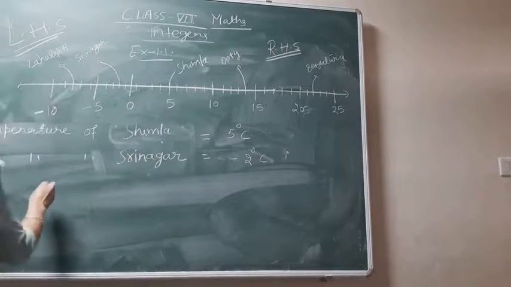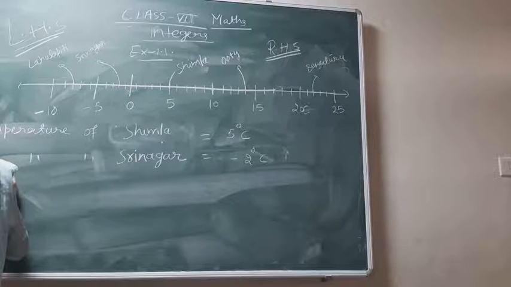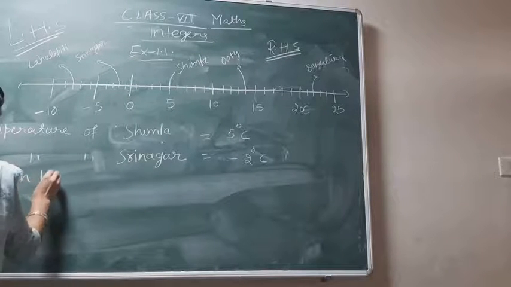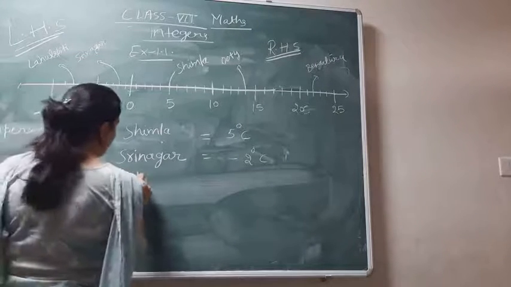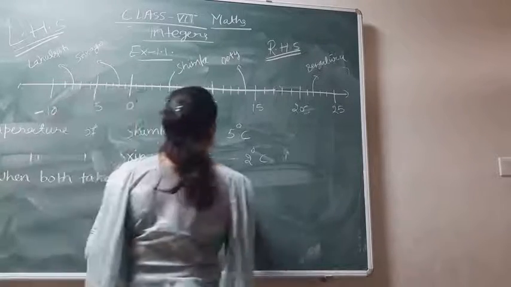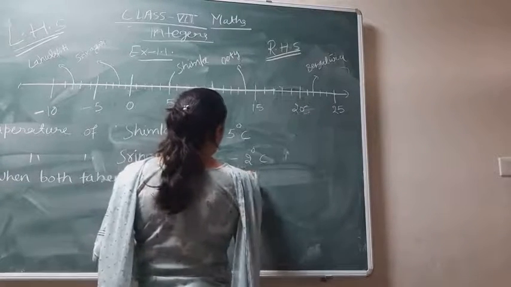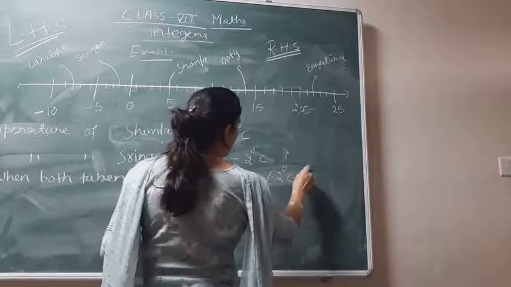And now when both are taken together, it is 5 degrees Celsius plus minus 2 degrees Celsius.